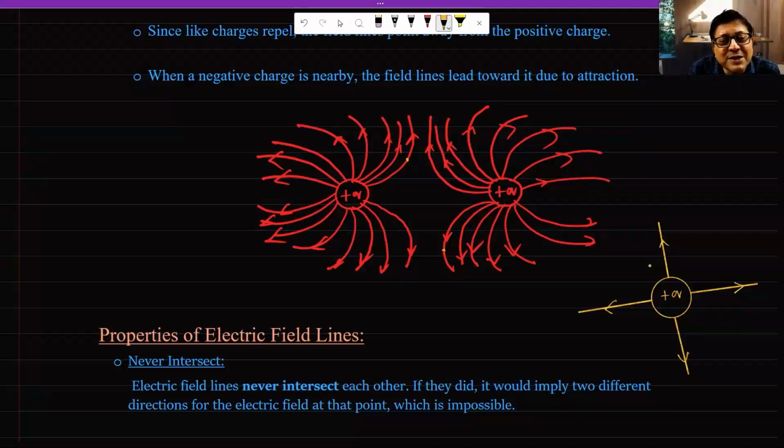Due to this plus q charge, the field will be radially outward, in this manner. Due to this charge also, the field strength will be radially outward. Alright. Now, if we consider the field due to this charge as E1 and due to this charge as E2, then the resultant field will be directed like this.